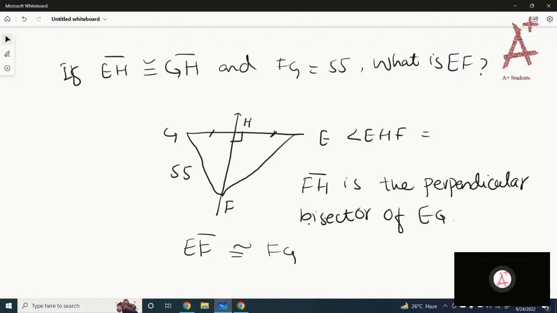So when EF is 55, that means then FG is also 55. Because of the perpendicular bisector, EF and FG are congruent. So if FG has 55 length, then EF has the side length also 55. Got it? Okay.